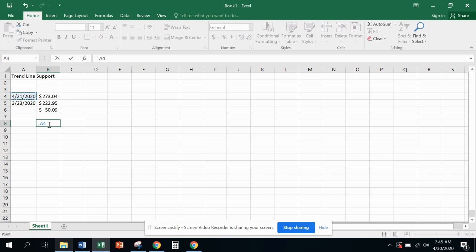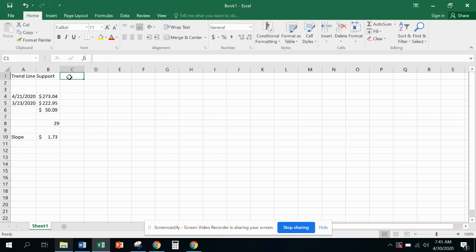So how many days from the 21st to the 23rd? It looks like 29 days. So that means our slope, our rise over run, is going to equal the change, the rise, divided by the number of days. That looks like we have a slope. We're going up $1.73 per day in the SPY.